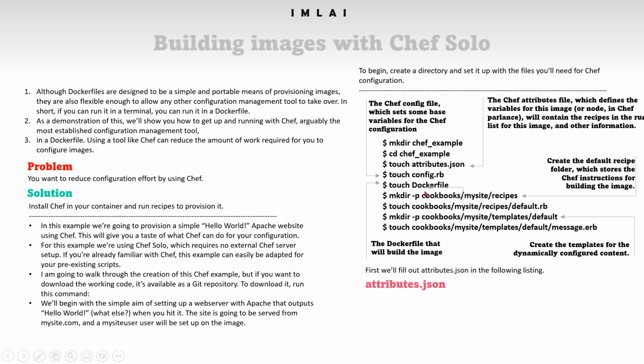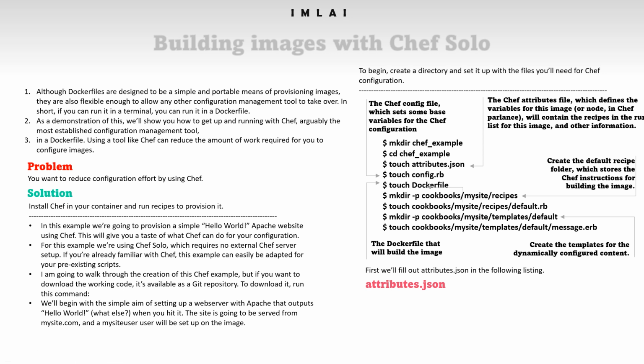Then we have a Dockerfile that will build the image, and a cookbook with recipes. This creates the default recipe folder which stores the Chef instructions for building the image, and finally the cookbooks with default templates, which hold the dynamically configured content.